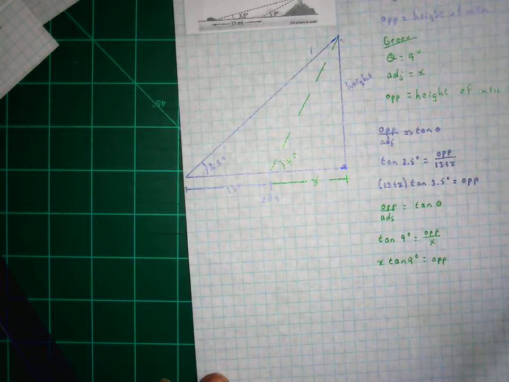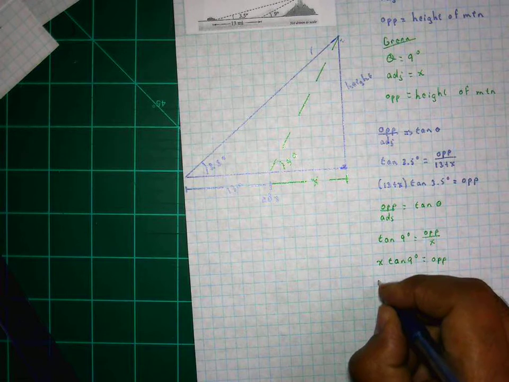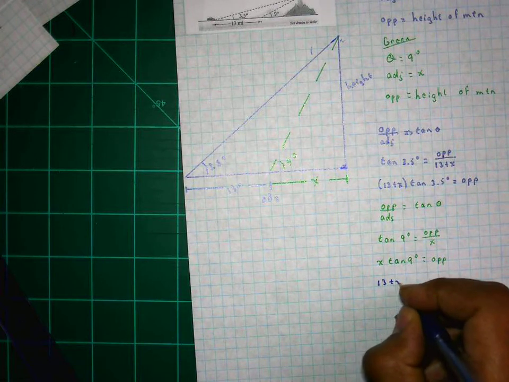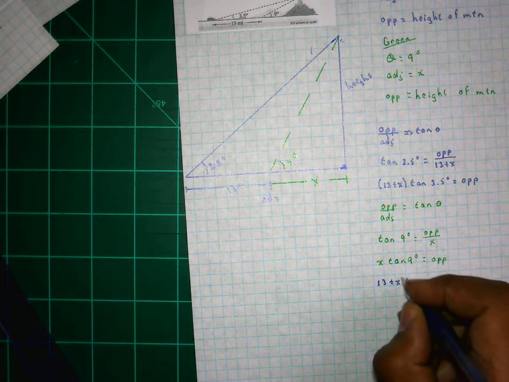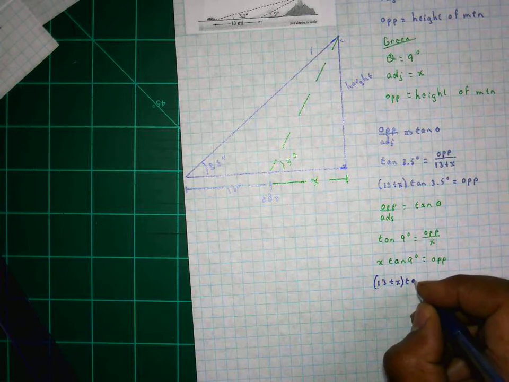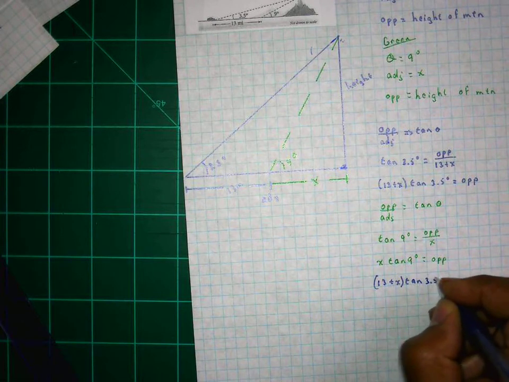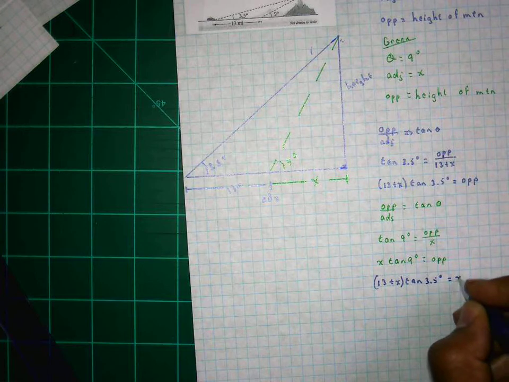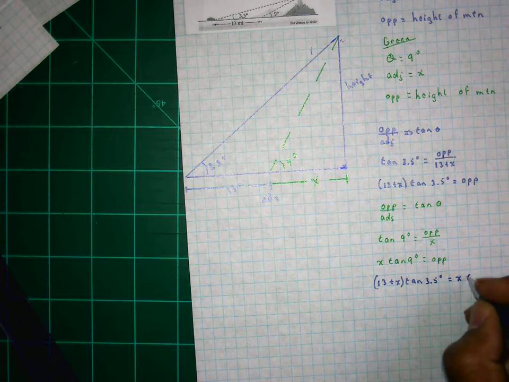So that means that 13 plus x times the tangent of 3.5 degrees is equal to x times the tangent of 9 degrees.